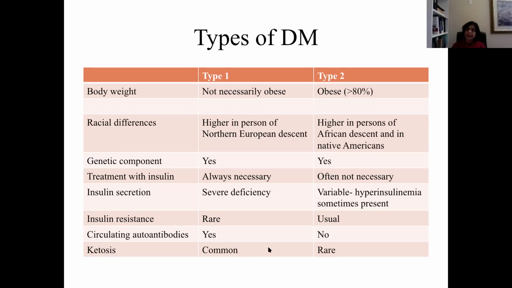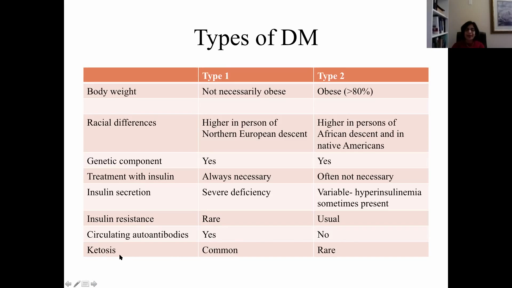Insulin resistance is not common in type 1, but is very common in type 2. Autoantibodies are the ones that attack the tissue and destroy beta cells, and that is where type 1 is an autoimmune disease and type 2 is not.